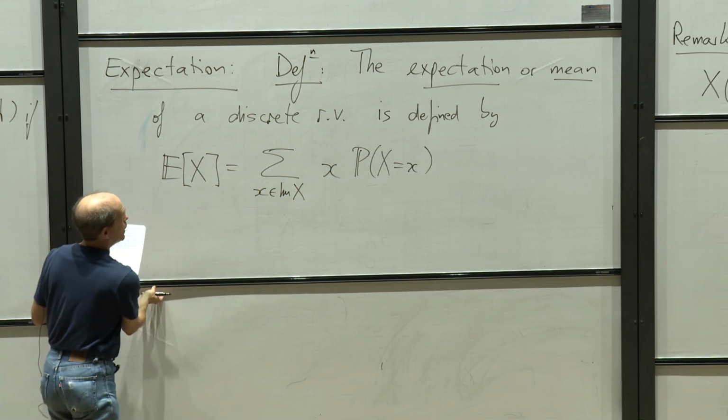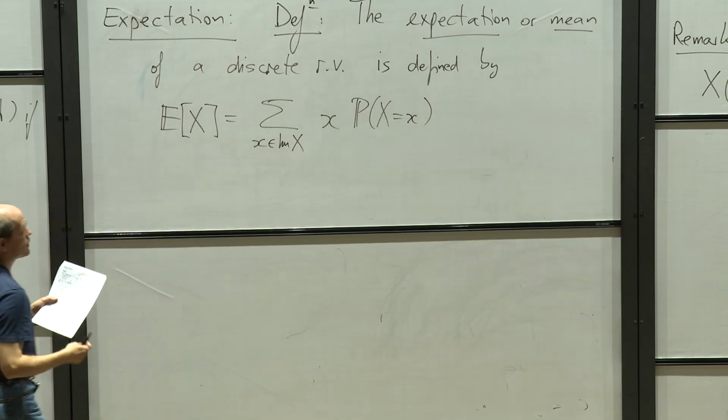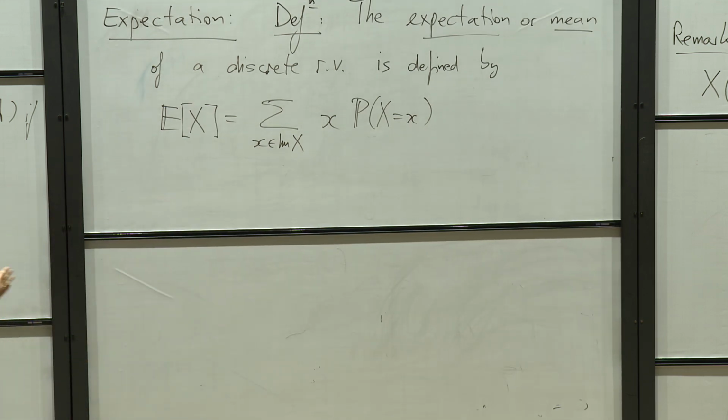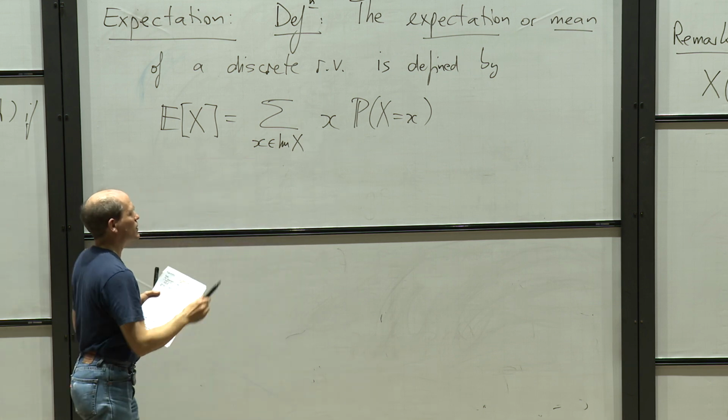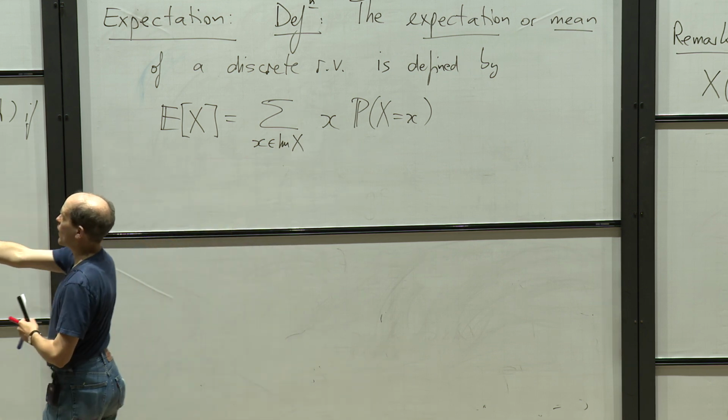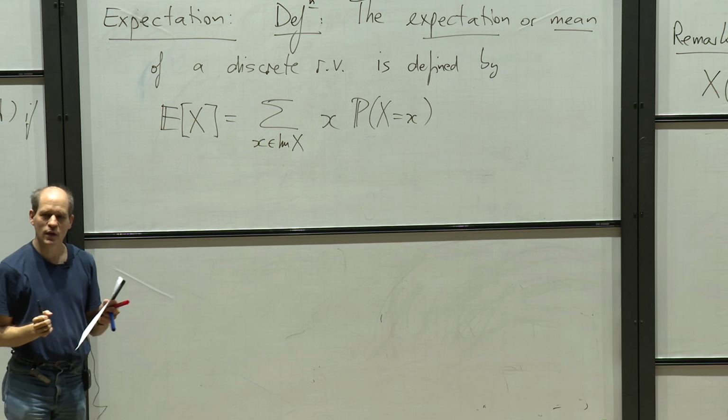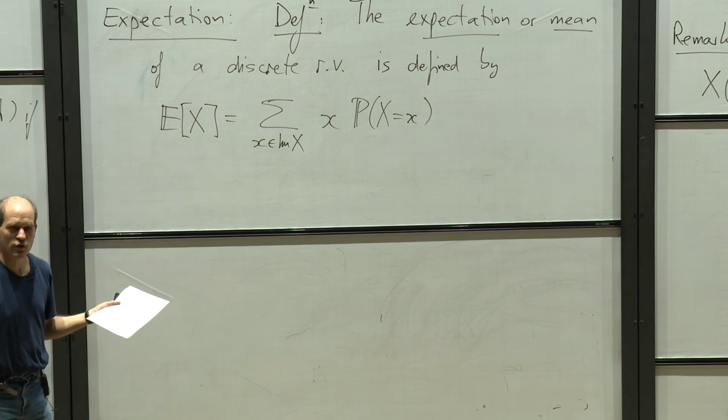Right? So that's our intuition for why this is in some way the mean of what we expect from our random variable. Now, I said let's write it, but then think, because some series, and this may be a series in cases where we have infinitely many possible values, some series converge and others don't.